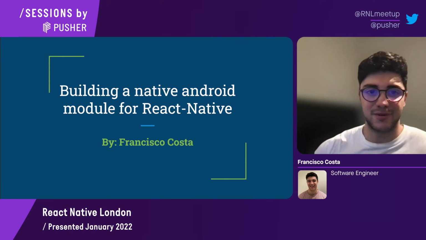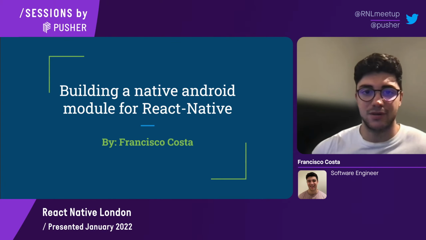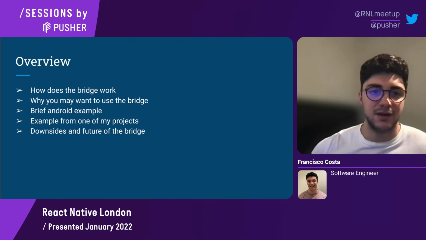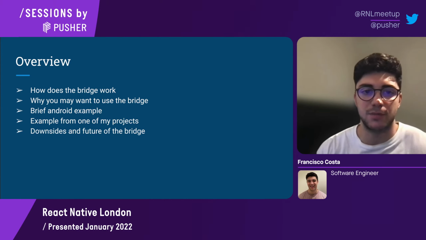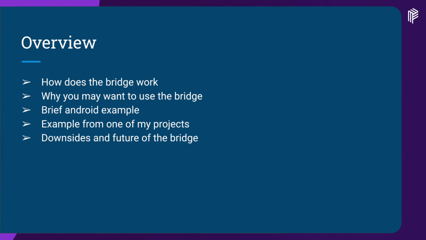Cool. So hello, everyone. Welcome to my presentation on the React Native Bridge. So, a quick overview of the things I'm going to be covering. Initially, I'm going to be talking a bit about what the bridge is and how the bridge works. And then I'll be going on about why you'd even need to know about this kind of stuff, and a little bit of a tutorial on how to write your own native modules and pass them through the React Native Bridge.